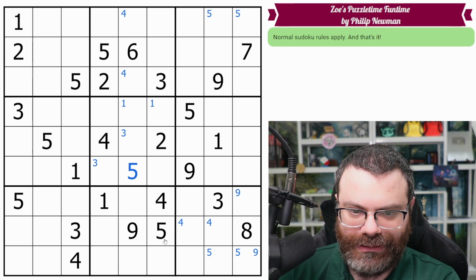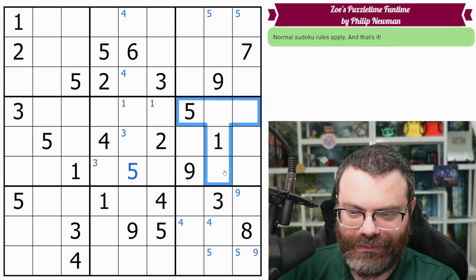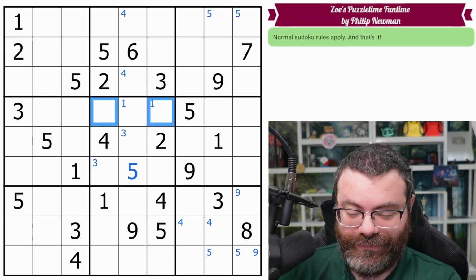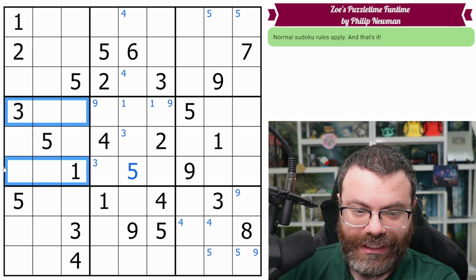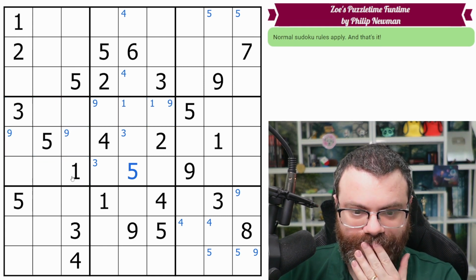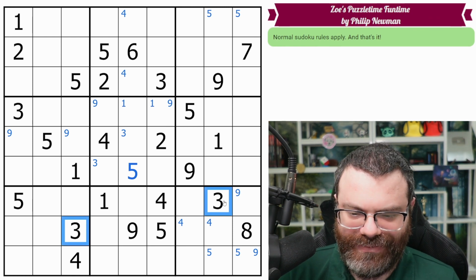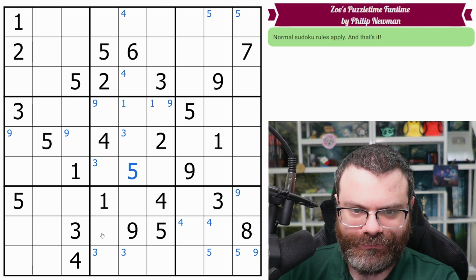All right, did I miss anything here? 1, 5, 3. 1, 5, 9. 9 actually is in one of these 2. That points left, putting a 9 in one of these 2. Okay. I've got these 2 3s, and then this 3 looks down, so there's a 3 in one of these 2.